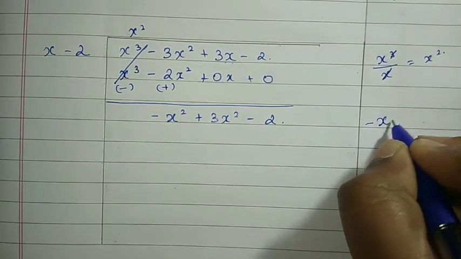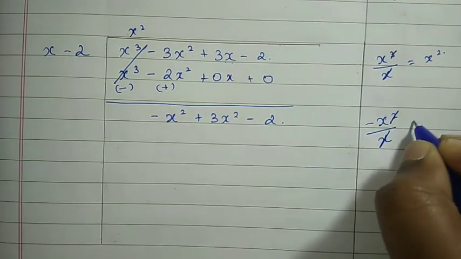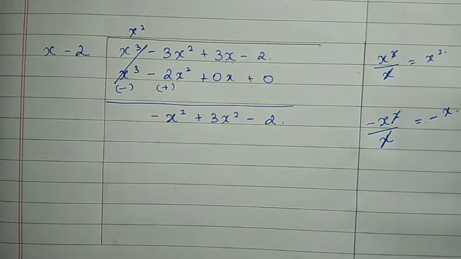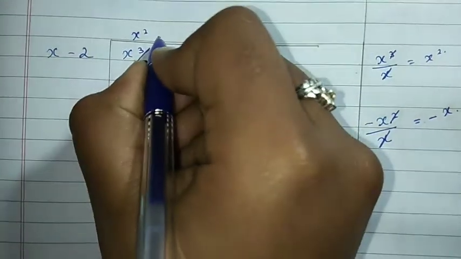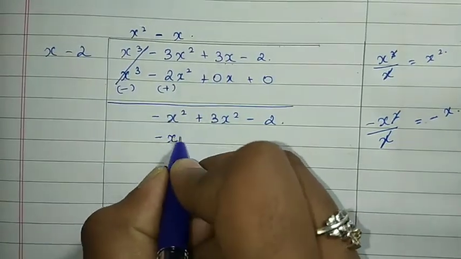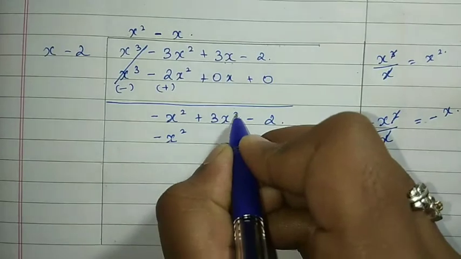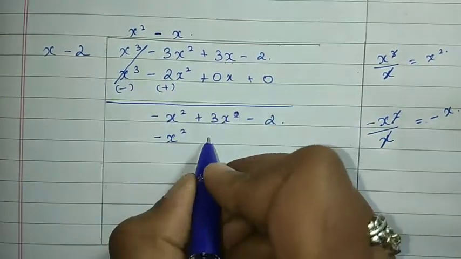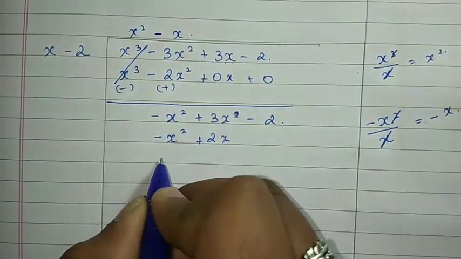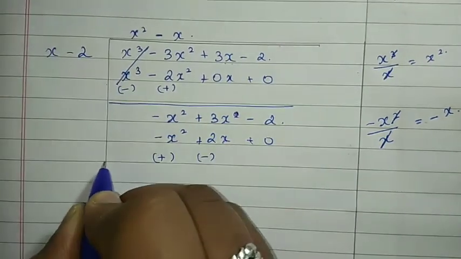Okay, I have minus x square here divided by x. So this and this will get cancelled, so minus x is remaining. So I will multiply with minus x. So minus x into x is minus x square, and minus into minus is plus 2x. This is 3x, so plus 2x leaves x. I will change the sign now, plus minus.